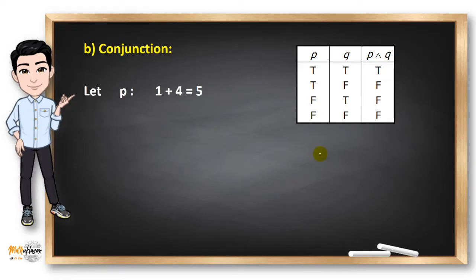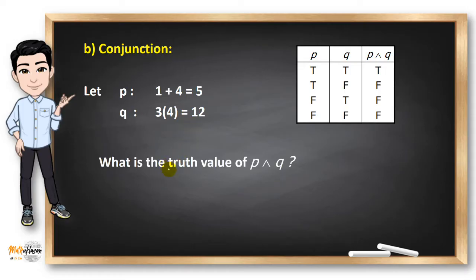For example, let P be the proposition 1 plus 4 equals 5. Q be the proposition 3 times 4 is 12. Now, what is the truth value of P and Q? We all know that the value of P here is true because 1 plus 4 is really equal to 5. 3 times 4 equals 12 is also true.